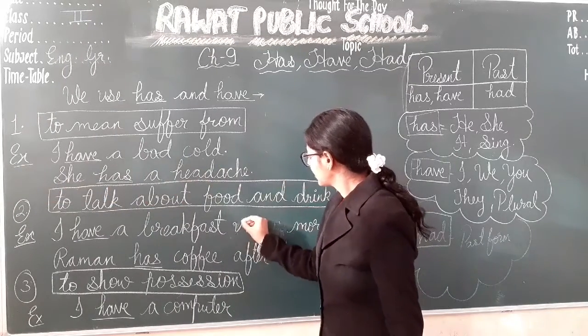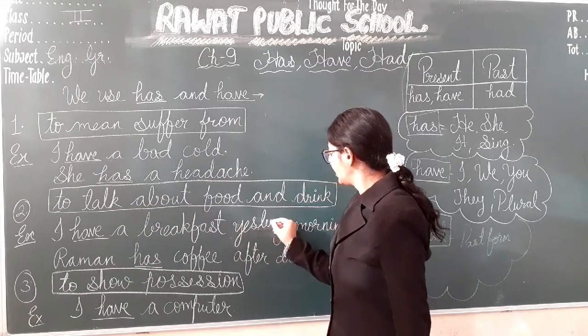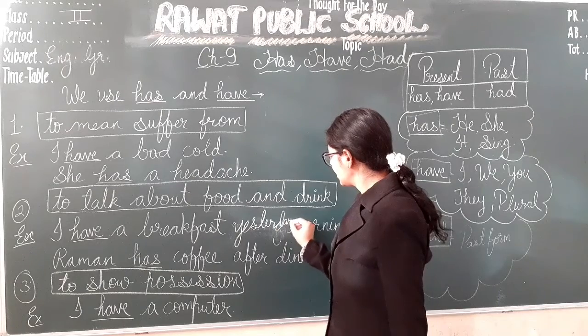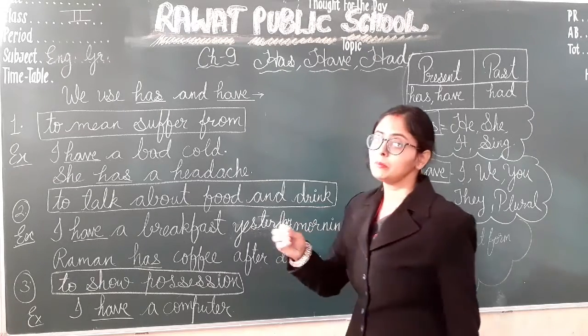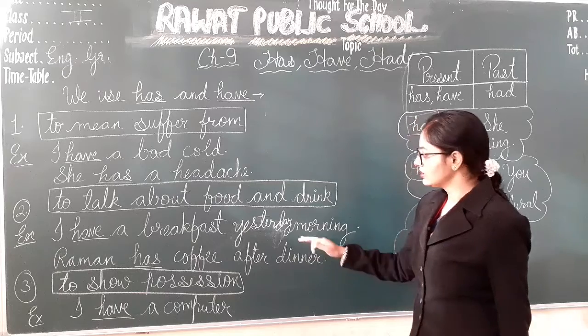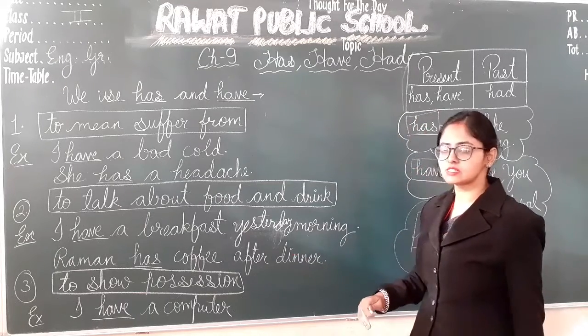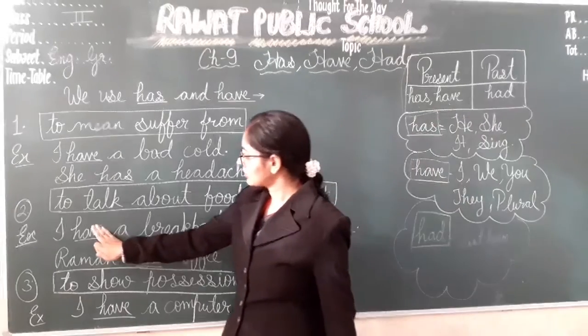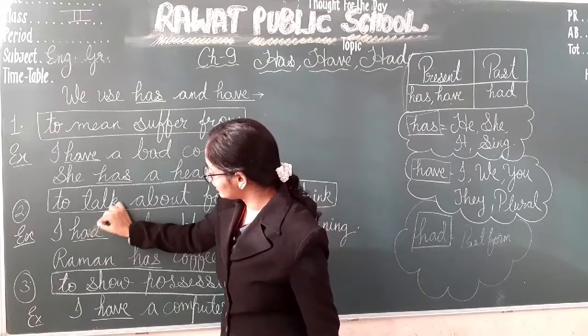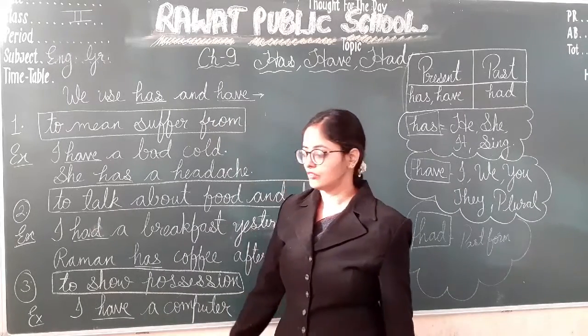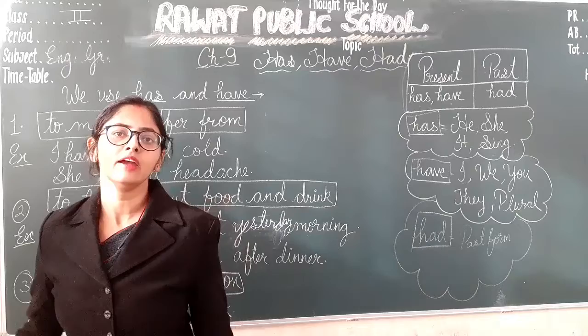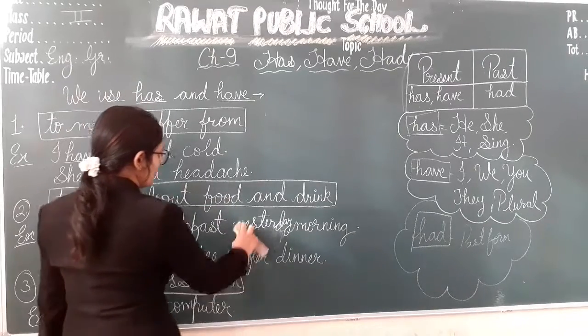If I write here, you see here, yesterday means हम पहले की बात कर रहे हैं. So when we will use here yesterday, then it will be, तो आप इसे क्या कर देंगे? I had. What you will do? I had. Understand?